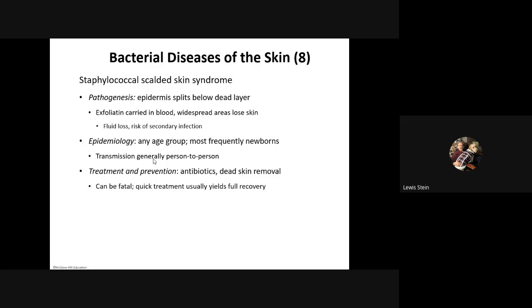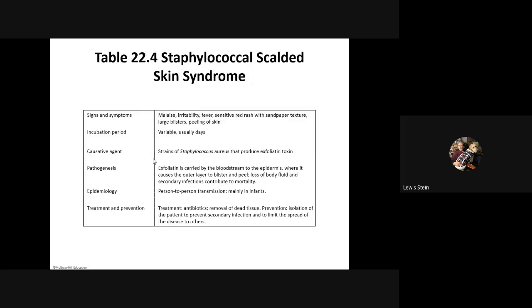So it's very identifiable. Again, if you're working in the nursery, many of you might see that, because that's the most common area for it. Treatment, and it's my recollection that it is not necessarily a MRSA strain most of the time.